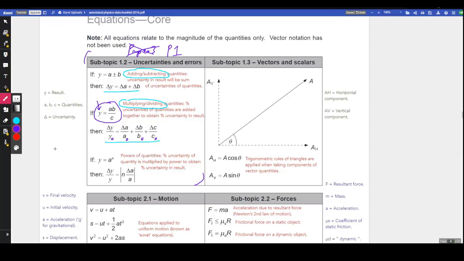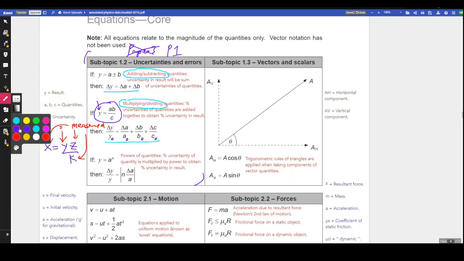In a case where they may tell you, say x equals y z over k, but then they want you to find out the percentage error of y, while z is being measured, and k is being measured, and x is also being measured, and they want to find out the uncertainty of this value.